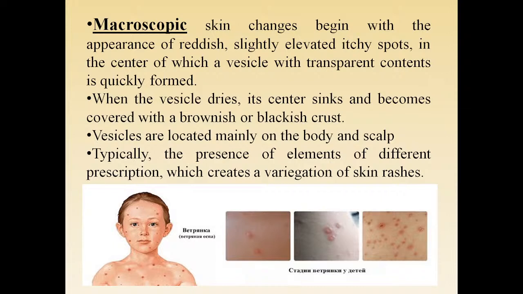Vesicles are located mainly on the body and scalp. Typically, elements of different ages are present, which creates the variegated look of the skin rash.